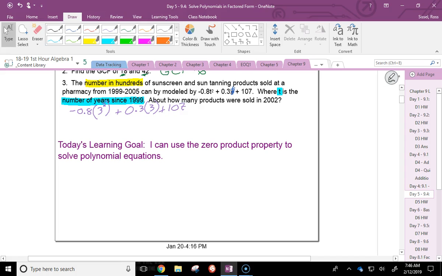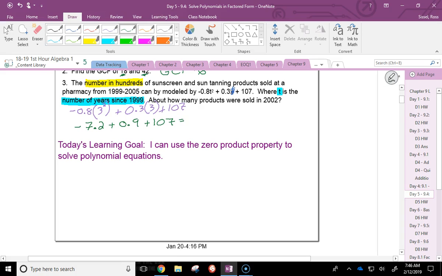If we break this down, 3 squared is 9. 9 times negative 0.8 is negative 7.2, plus 0.3 times 3 is 0.9, plus 107.